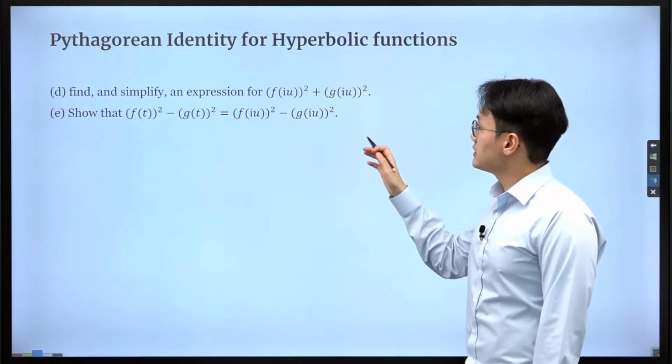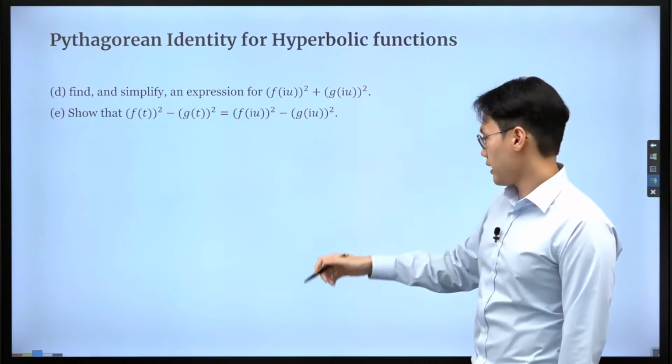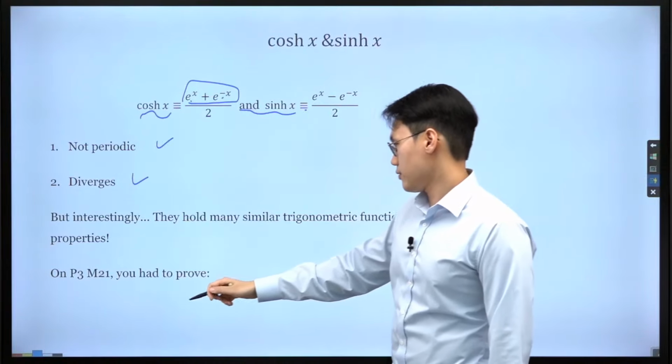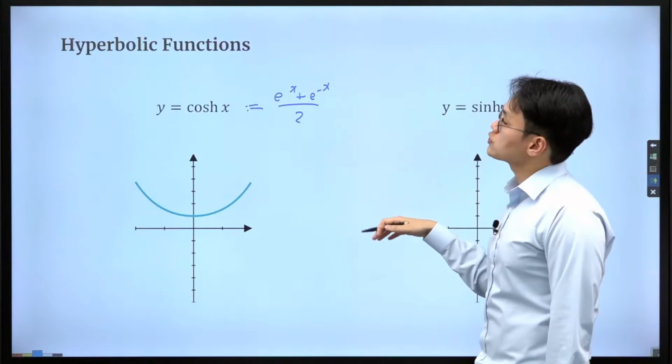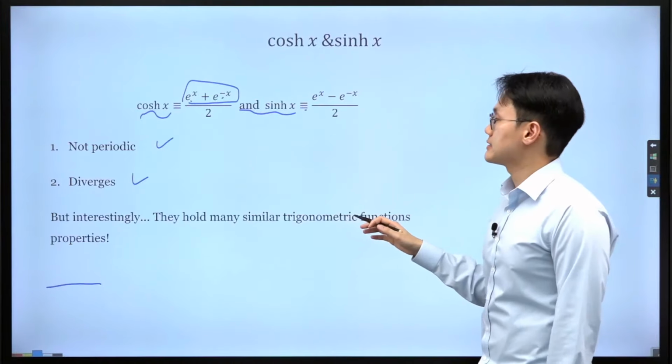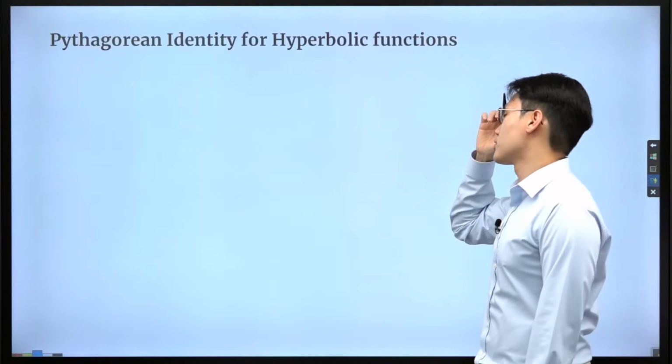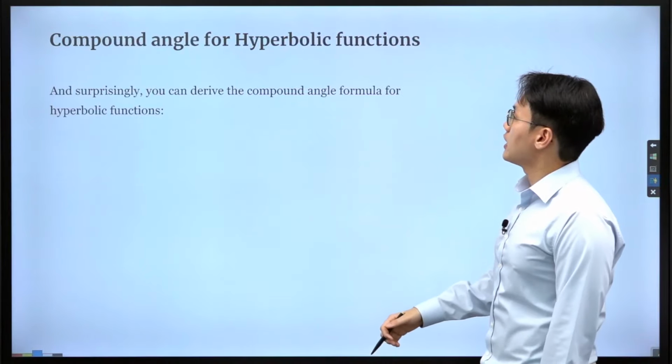This was, I think, the November 2021 paper 3 problem, where you had to prove those identities linking the complex number, the trigonometric function and the hyperbolic trig.